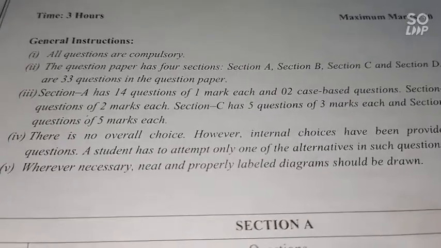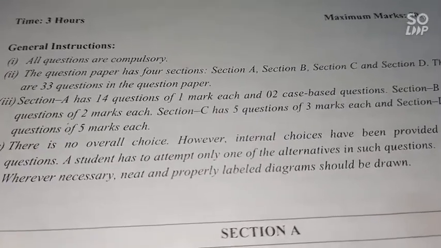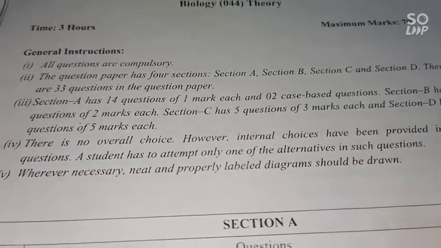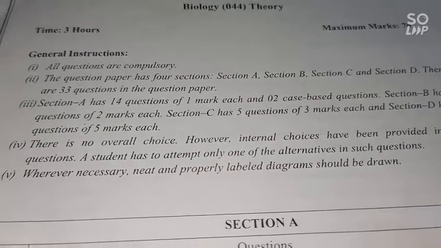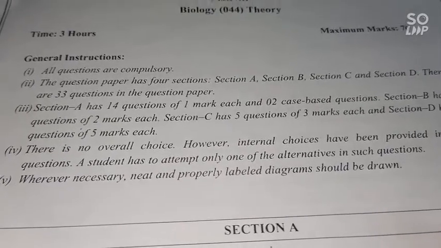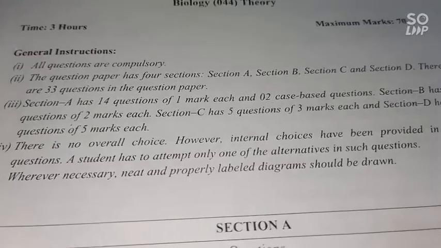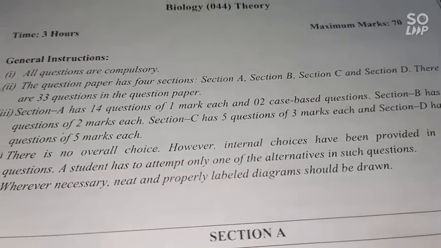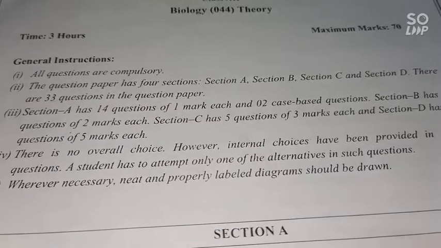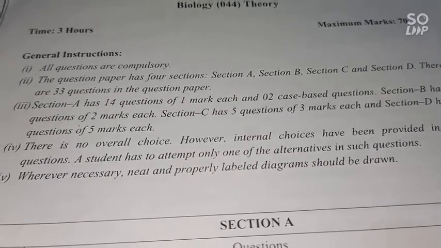Next one, wherever necessary, neat and properly labeled diagrams should be drawn. So what is the meaning of this one? This is a very commonly misinterpreted or not taken seriously kind of instruction. So what is meant by wherever necessary?